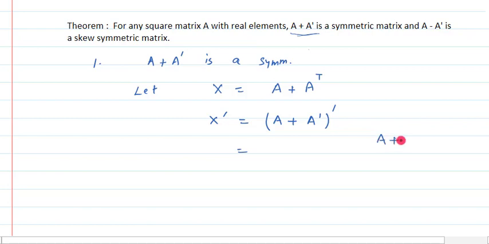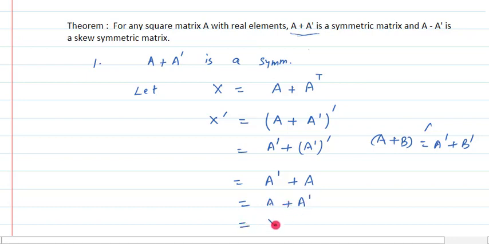Now according to the property that A plus B whole transpose is equal to A transpose plus B transpose, we can write it as A transpose plus A transpose transpose, which can be further written as A transpose plus A, and which is equal to A plus A transpose, which is nothing but simply X. So therefore we proved that X transpose is equal to X, and this is the condition for a symmetric matrix. Therefore we can say A plus A transpose is a symmetric matrix.